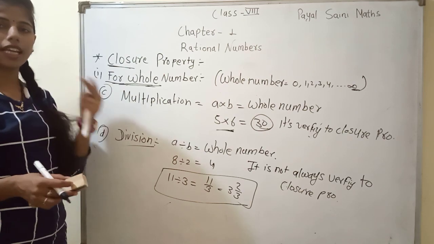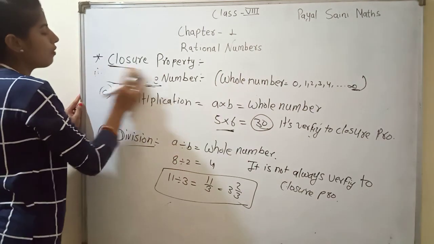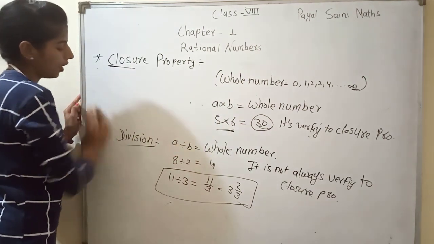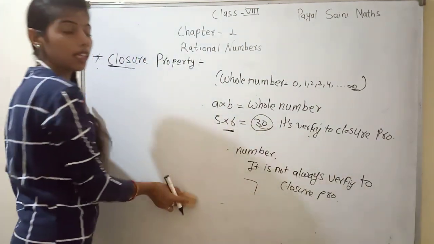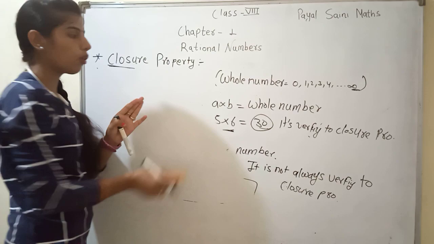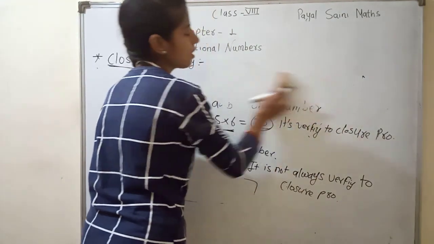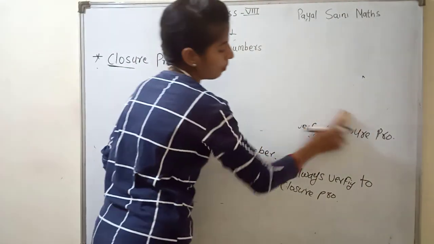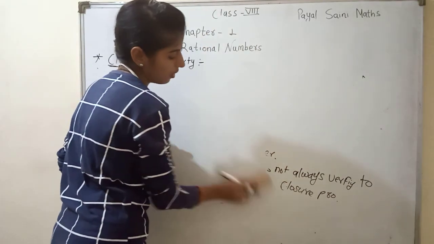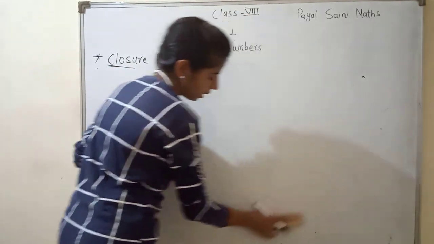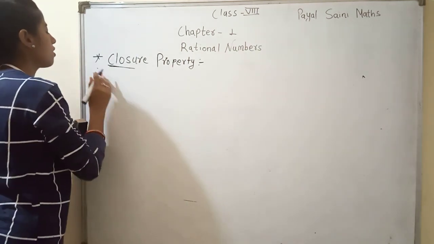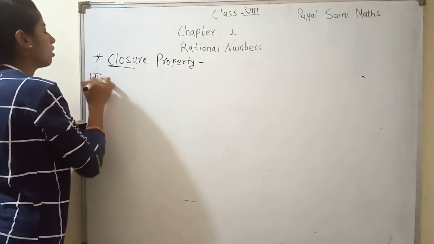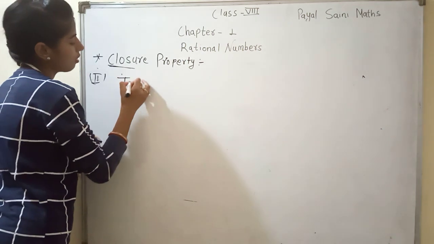Now the second point is integers. We check whether integers verify closure property. In mathematics there are only four operations: first addition, second subtraction, third multiplication, and last division. We check all four operations in integers.